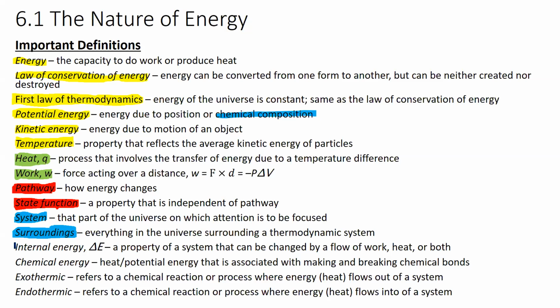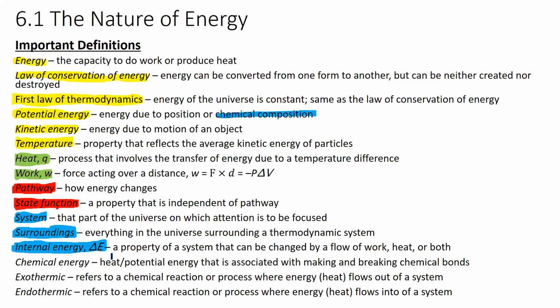When we look at the internal energy, okay, we're going to think of internal energy as a delta E for our system. That internal energy is just a property of the system that can be changed based on where the work or heat goes. Okay, so we're going to look at a system from the standpoint of what are we interested in. The internal energy of a system, say that ice cube that's sitting in our hand if it's melting, right?